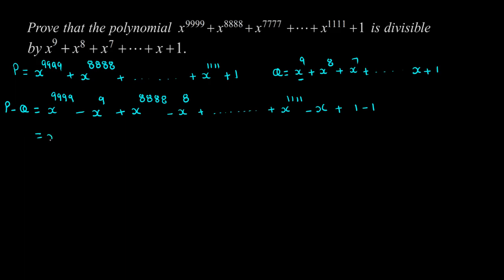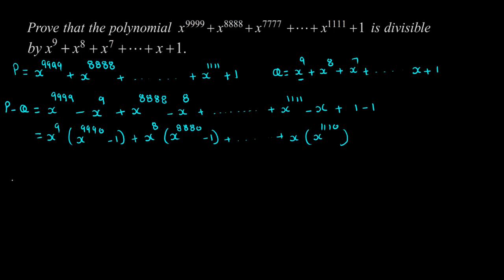So I take x raised to power 9 as common, and we get x raised to power 990 minus 1, plus x raised to power 8 as common, and we get x raised to power 990 minus 1, and so on, and here I take x common and I will get 0, and this 1 minus 1 becomes 0.